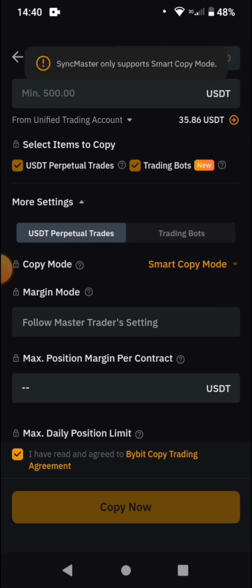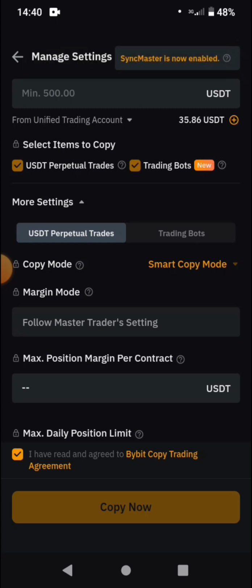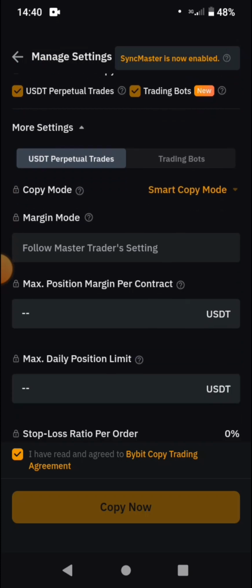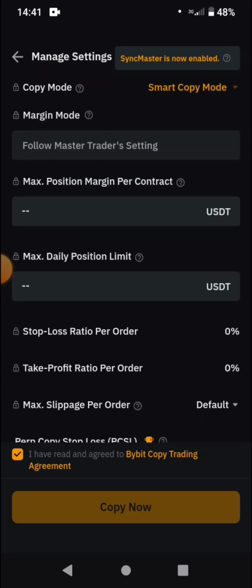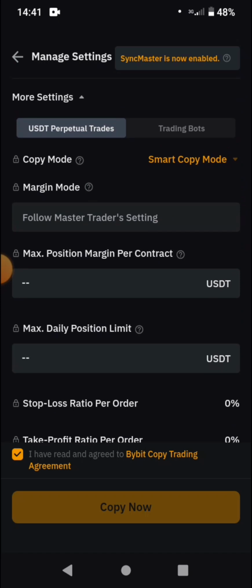This is smart copy. This is basically where you maximize your position. Let's say you are investing $50. How much do you want to lose in this $50? How much are you ready to risk? You can set all this limit in this particular area.